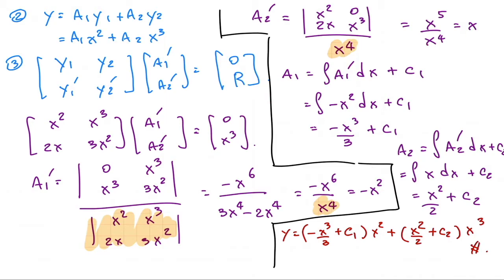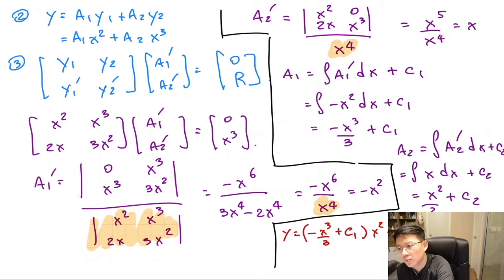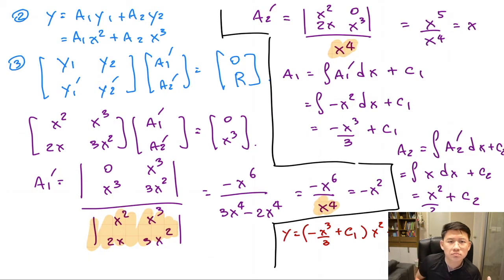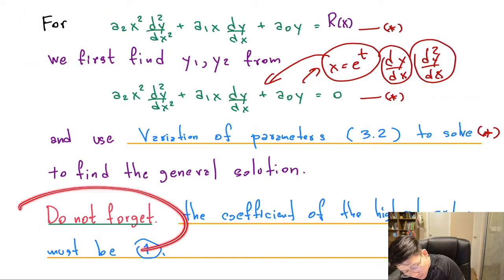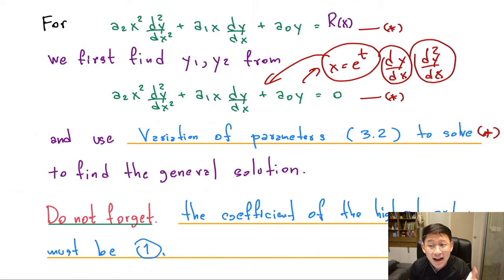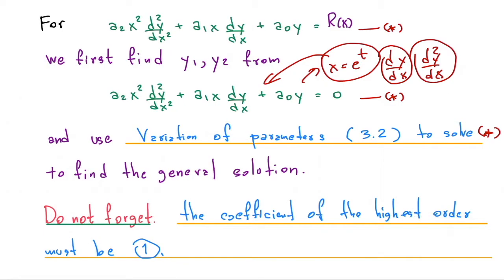Why? Guys, why is it wrong? Because I emphasized before that you need to be very careful that the coefficient of the highest order must be 1. Okay, the coefficient of the highest order must be 1, right?